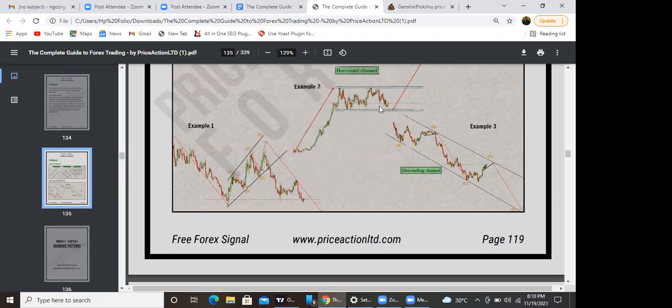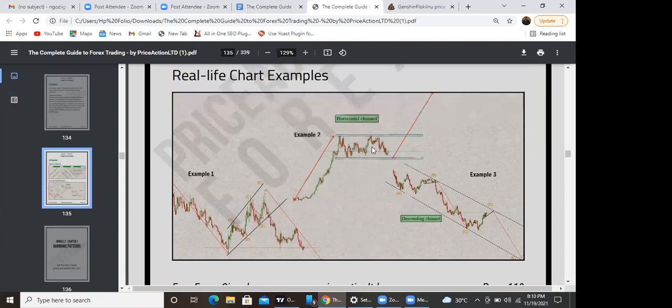So the next one we have is an example of a horizontal channel. At any point when the market is on an uptrend and this horizontal channel starts to occur, you have more confidence that the breakout should occur at the resistance.